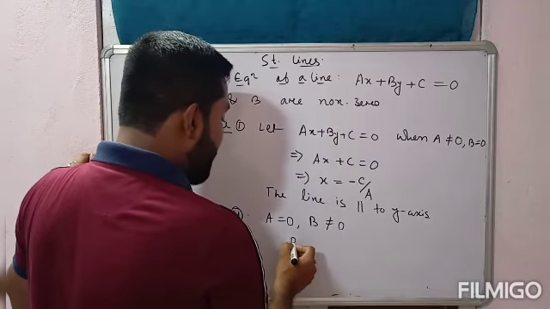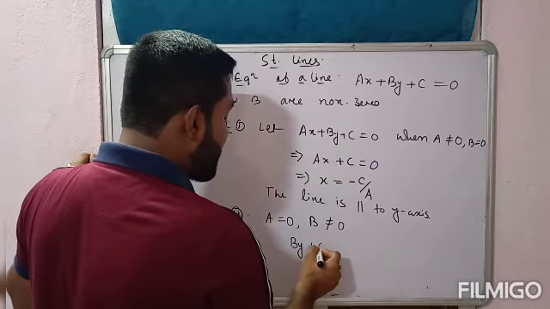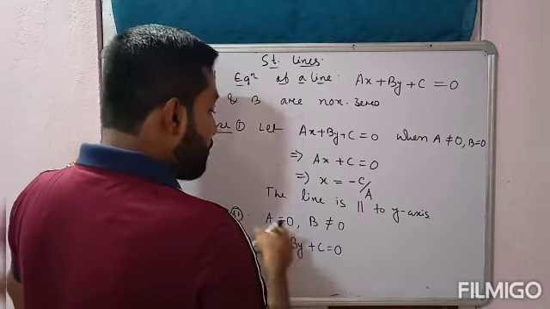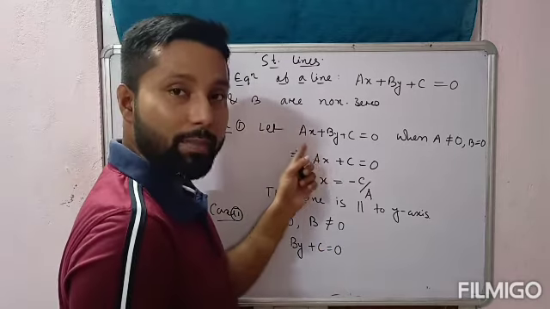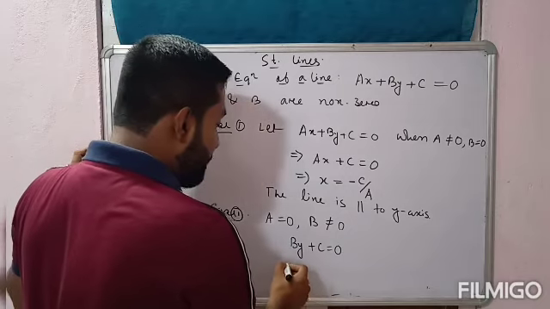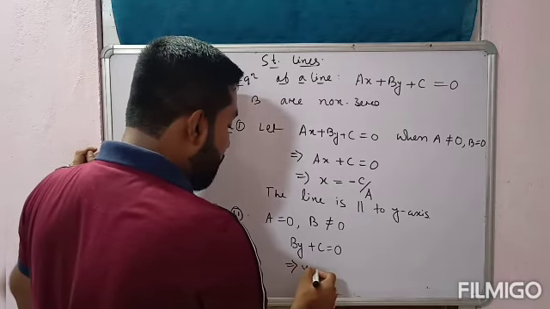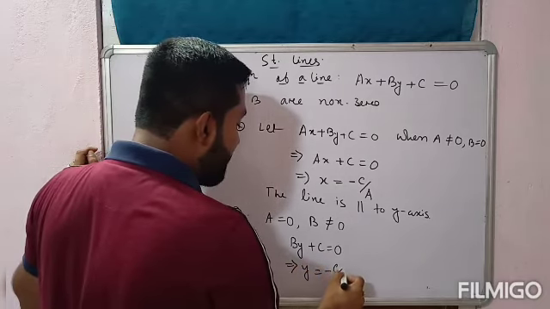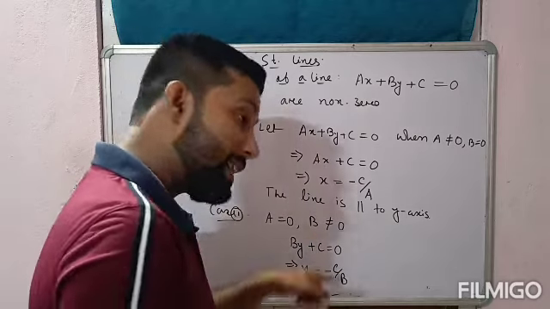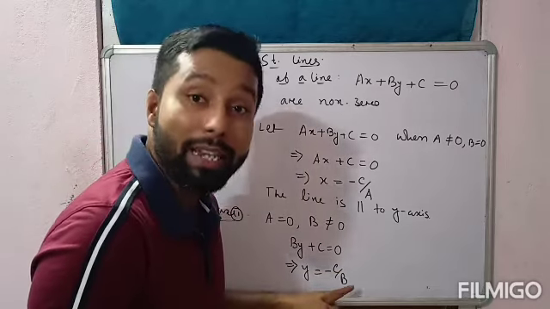Then this equation can be written as by plus c equal to 0. Yes, because a is 0, this term will be cancelled. So by plus c equal to 0, that is y is equal to minus c by b, that is y equal to any constant.